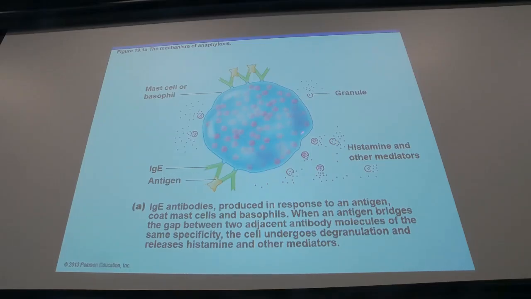So here you have a basophil or a mast cell. All of this is the chemical mediators of inflammation. And here you have some IgE on the surface. So this is how these antibodies look. And then they bind these antigens to neighboring cells. And then you have massive release of these chemical mediators of inflammation.